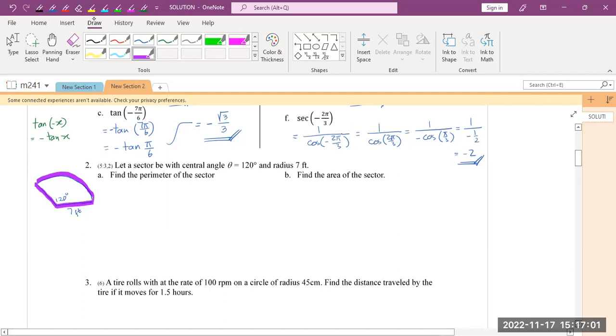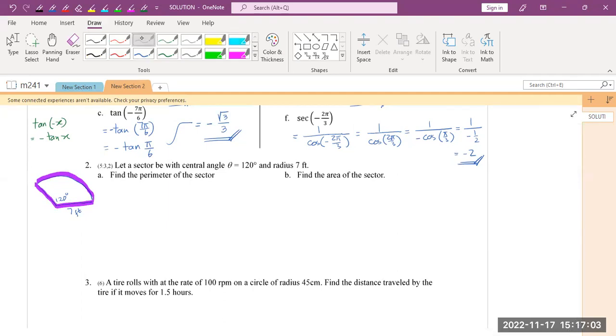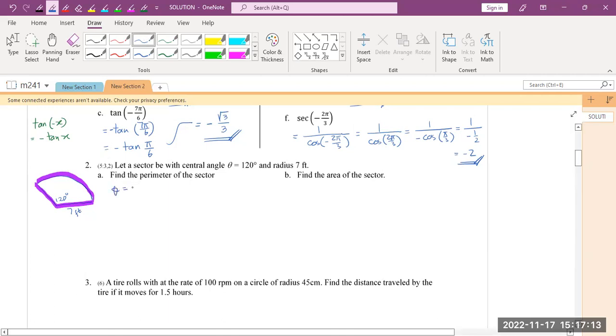What we will do first is to compute the arc length. For us to compute the arc length, we need the central angle in radian. The central angle is 120 degrees, but it has to be in radian. So 120 degrees multiplied by pi over 180 degrees is 2 pi over 3.